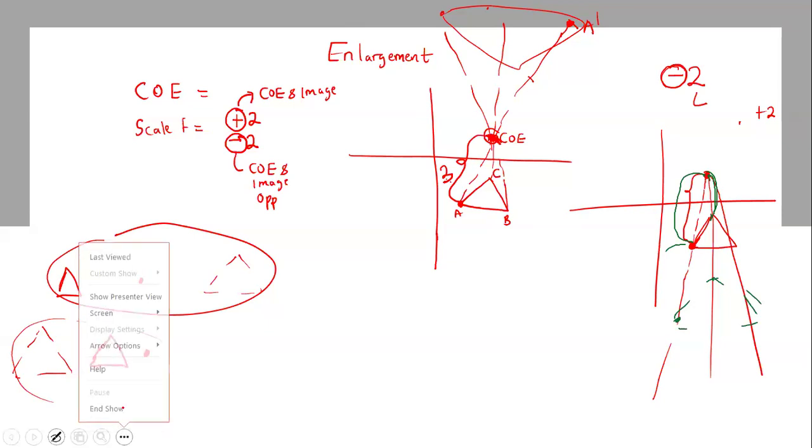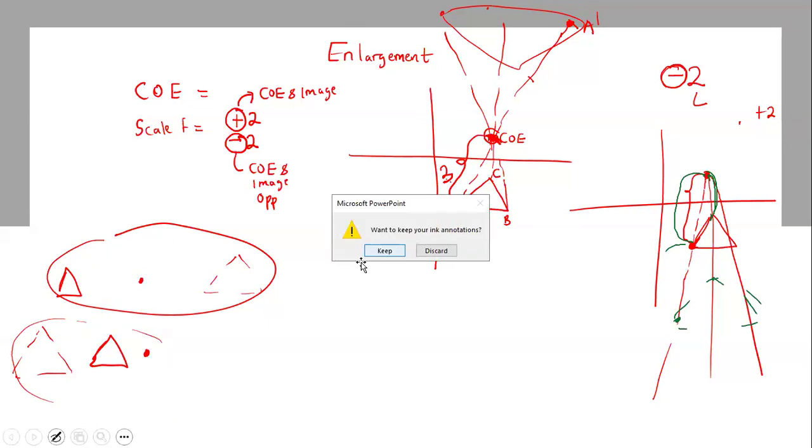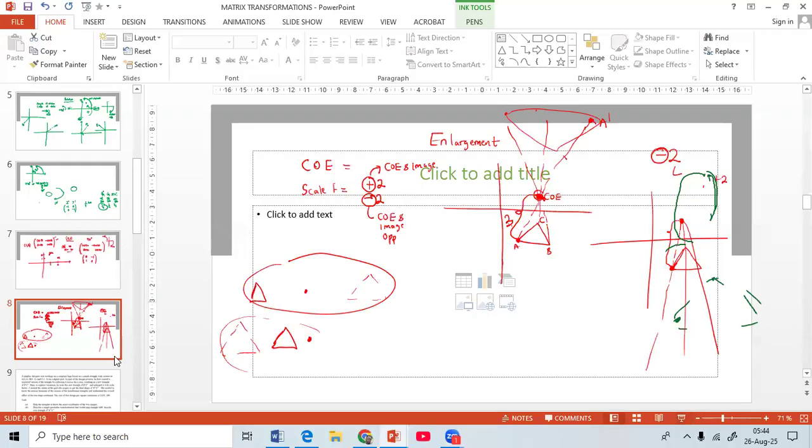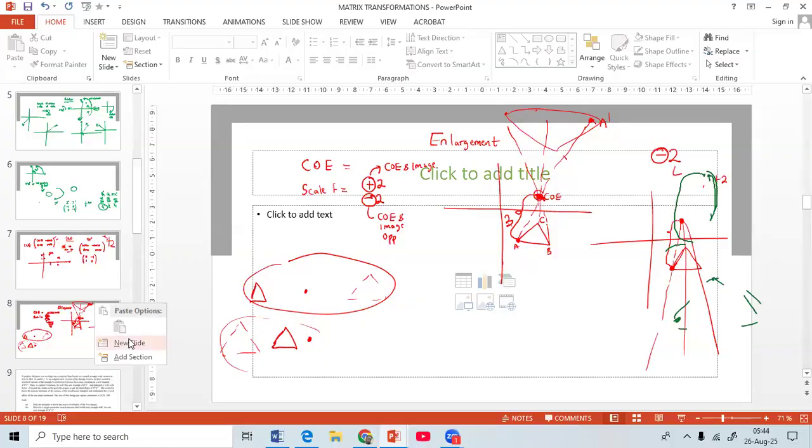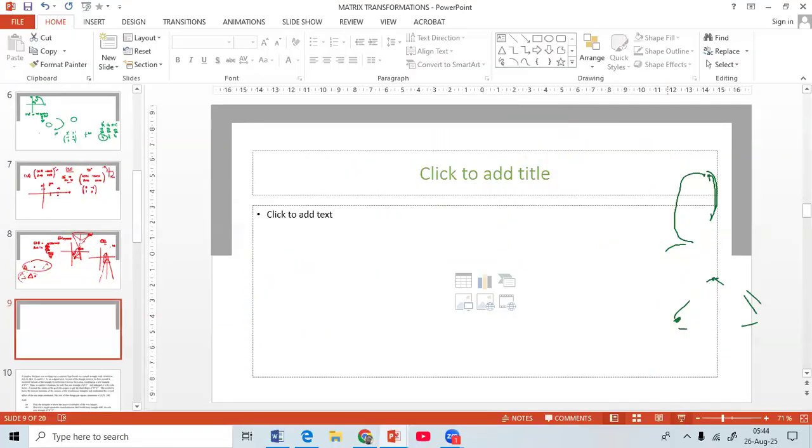Then you are going to allow me to create another page, and then I summarize enlargement.